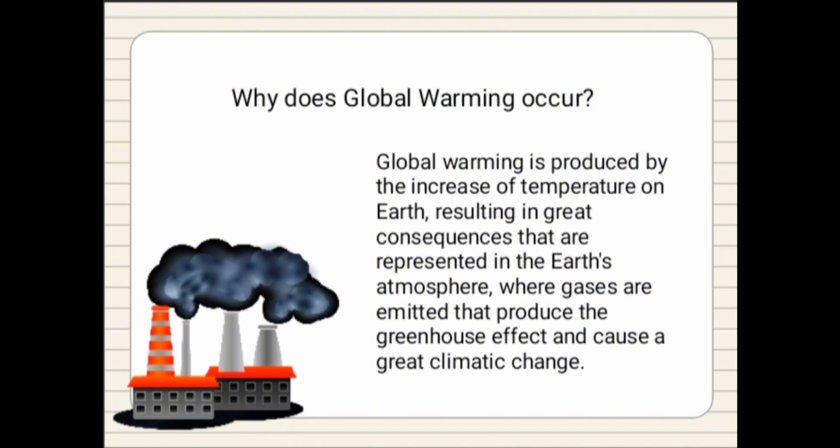So why does global warming occur? Global warming is produced by the increase of temperature on Earth, resulting in great consequences that are represented in the Earth's atmosphere, where gases are emitted that produce the greenhouse effect and cause a great climatic change.